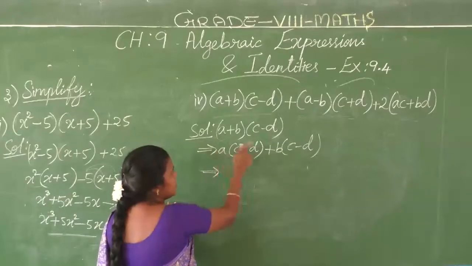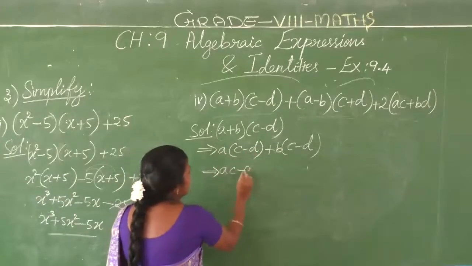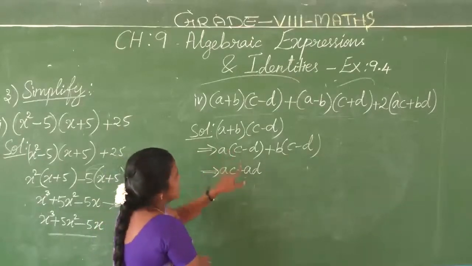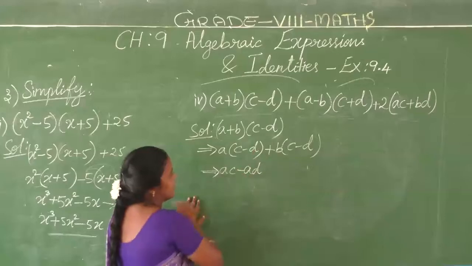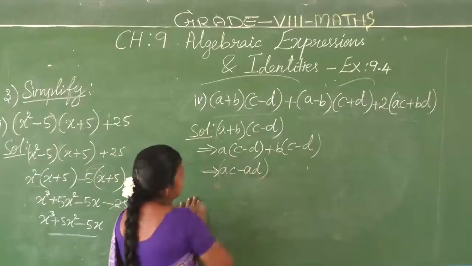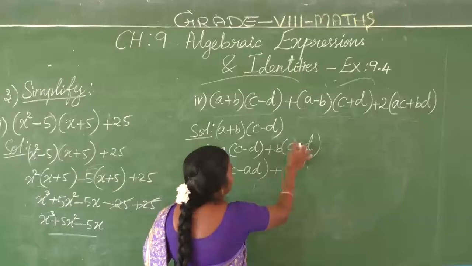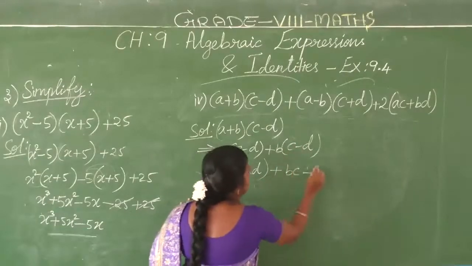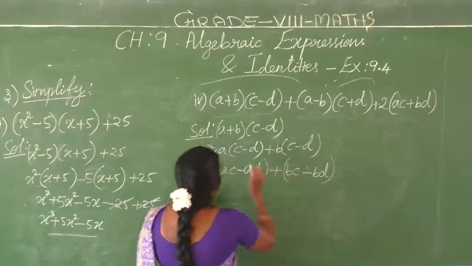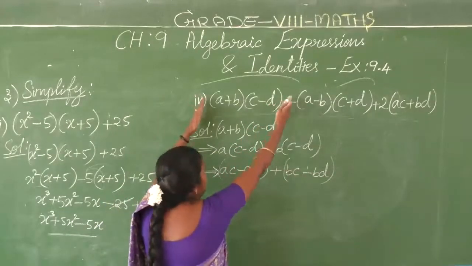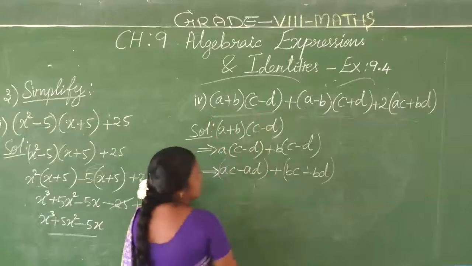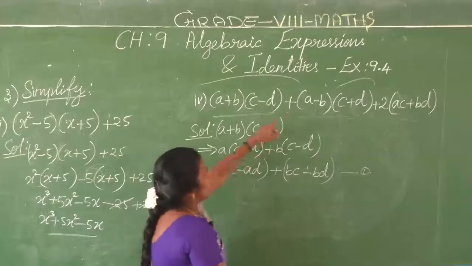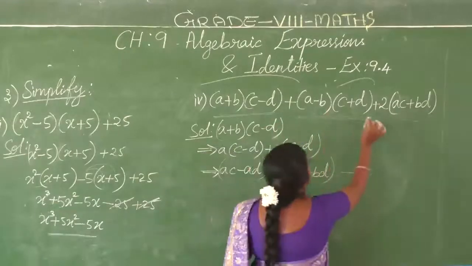A into c minus a into d: ac minus ad. Am I correct? A into c is ac, plus into minus is minus, a into d is ad. Plus b into c is bc, plus into minus is minus, b into d is bd. So the first part answer is this one. Keep it.